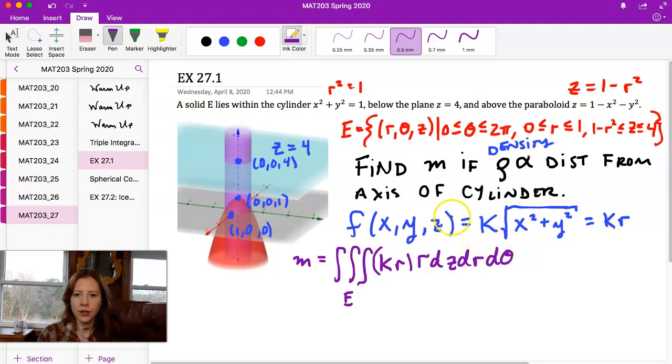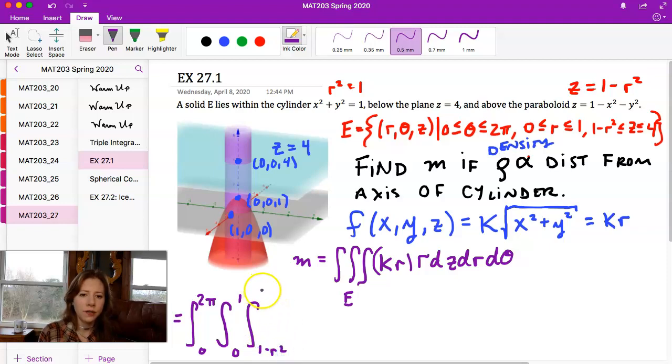Okay, and so now let's write this out with our limits. We're going to go from 0 to 2 pi for theta, from 0 to 1 for r, and from 1 minus r squared to 4 for z. And then we have kr squared dz dr d theta.